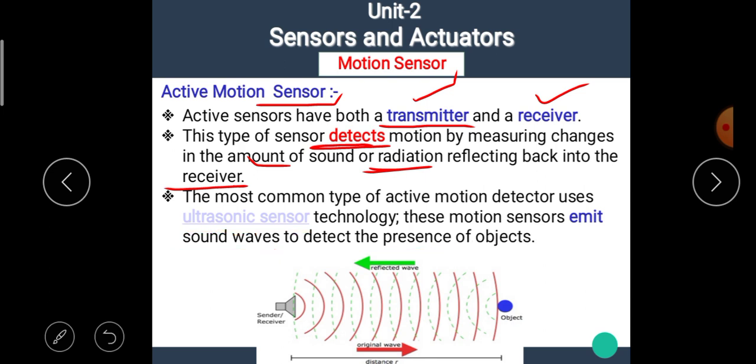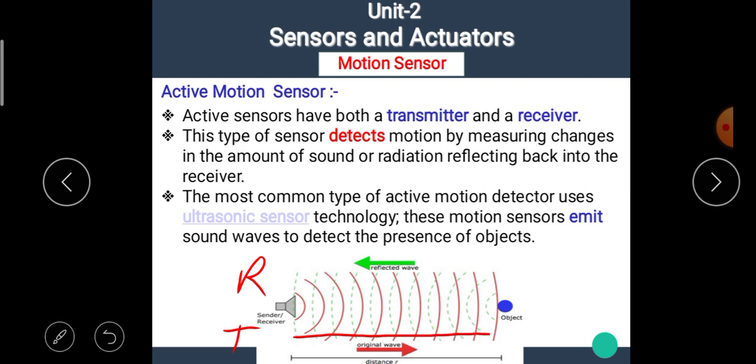I hope you all remember the working of the ultrasonic sensor. The ultrasonic sensor contains both transmitter and receiver. The transmitter continuously transmits ultrasonic waves. If an object is found, then these waves are reflected back by the object.